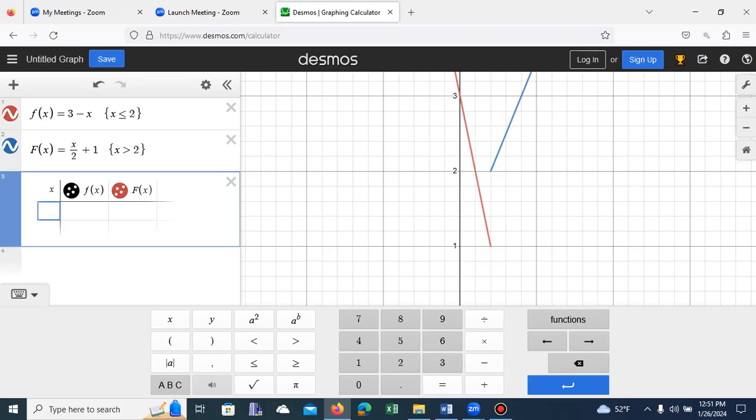And we can plug in, let's do 1. The second column is undefined because that's not part of that domain. This is a restricted domain, so 1 falls on the red line graph. Do 2, we see 2 falls on the red line.